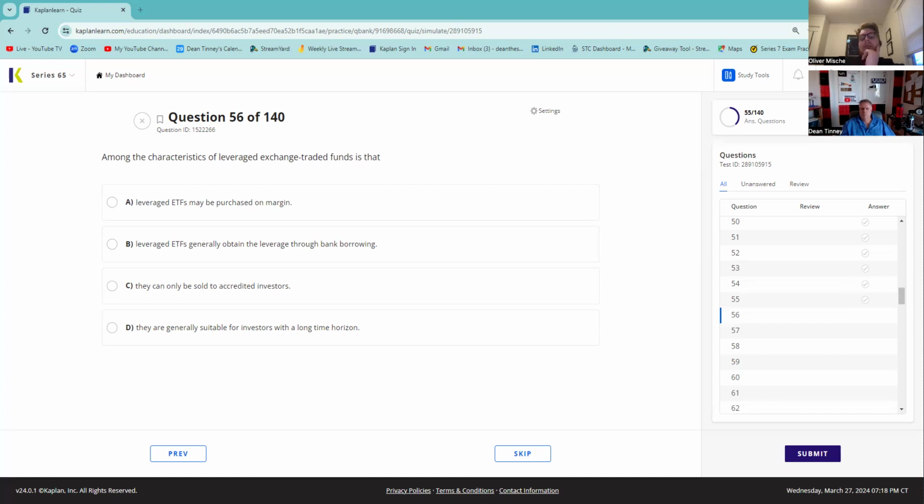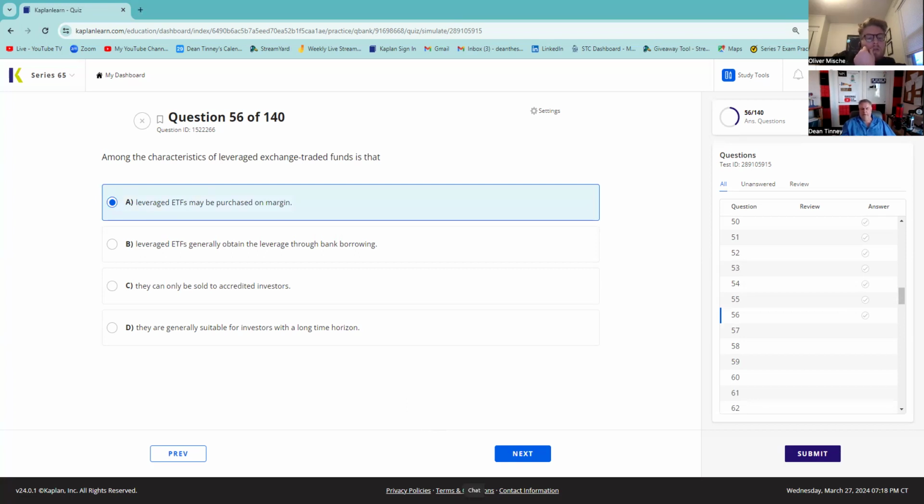Between A and C, I'm thinking it's C though. No, that's not true. We can sell to retail investors. It's kind of scary, but true. There's no requirement. Private investor just means private placement. This isn't a private placement. So it's A. Yeah, it's A, and they're just throwing the word levered in there to get you going, some kind of Jedi mind trick.